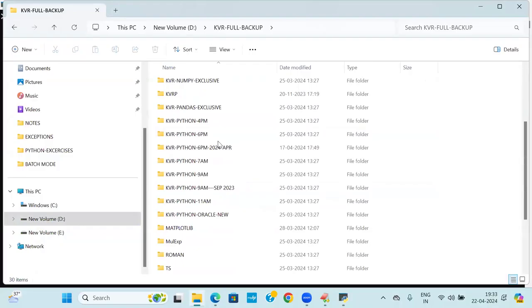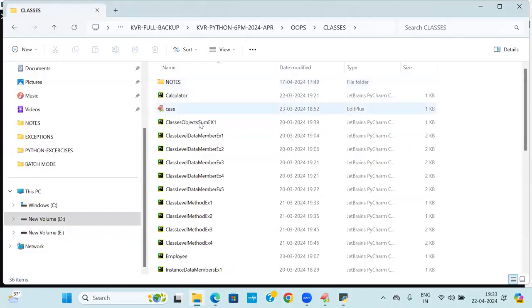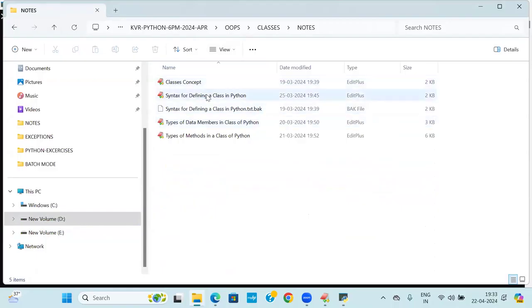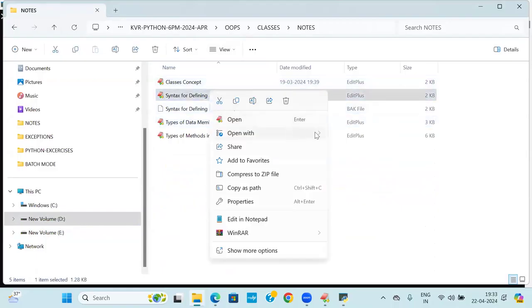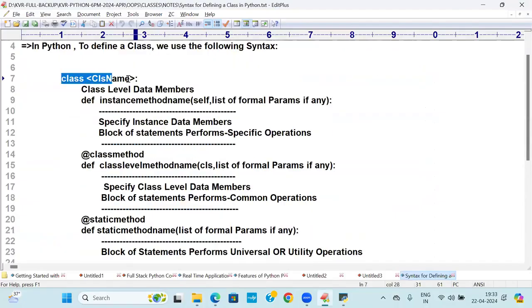You attend anybody, because in AI, in ML, you will use only OOPS related coding standards. If we come to these classes, see how many examples in my class, only the concept called classes. Under that notes, syntax for defining a class. See the beauty of it.